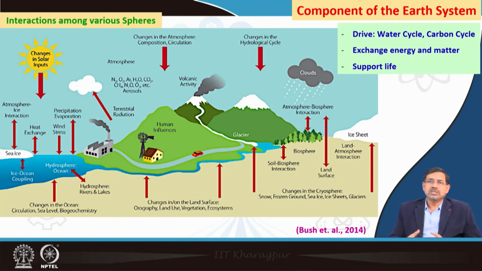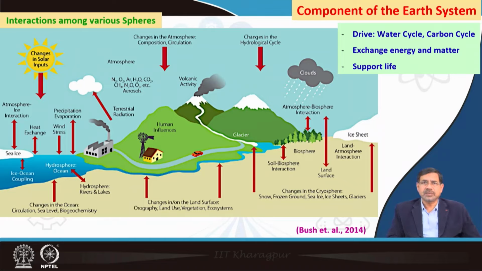So all these terms we understand more or less, and we are going to elaborate on them in the first part of this particular course. They dominantly form the various interactions among the various spheres, and what drives them, as we understand, are the water cycle and the carbon cycle, with carbon dioxide as one of the dominant greenhouse gases.